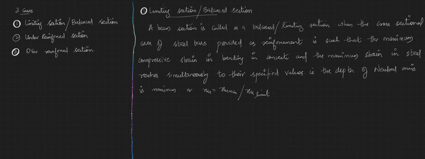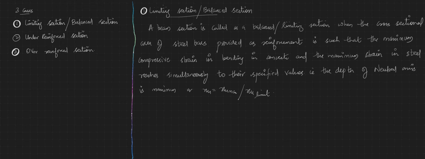While discussing xu limit, the limiting depth of neutral axis, I had told, when the strain in concrete and the strain in steel reach their maximum simultaneously, then the section is called a limiting section or balanced section. That is, we will provide the reinforcement in such a way that the strain in steel and the strain in concrete reach their maximum at the same time.